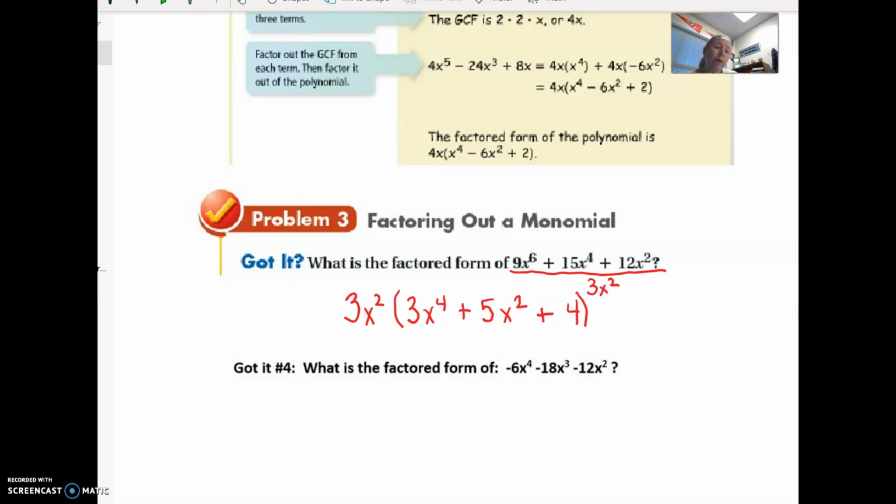And I put that in parentheses, and my GCF is always written in the front of the polynomial. So try the next one, pause the video, try it, see how you do, and then come back and check it with me.